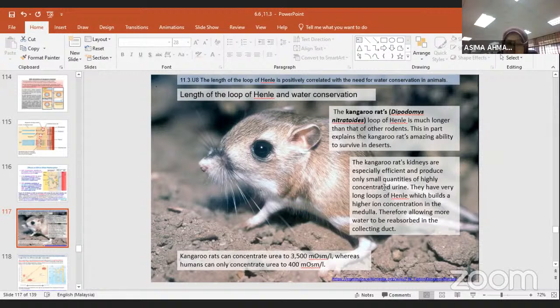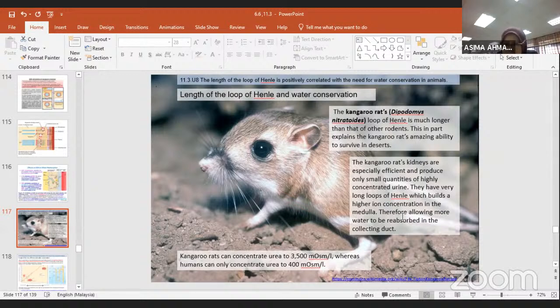Sebab dia nak conserve more water tadi kan, so they will reabsorb a lot of water so that the urine produced will be in small quantity and highly concentrated. So they have very long loops of Henle, which builds a higher ion concentration in the medulla.